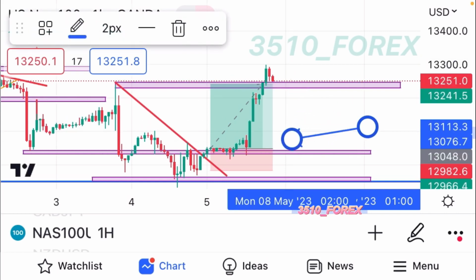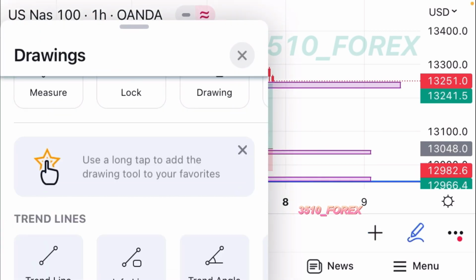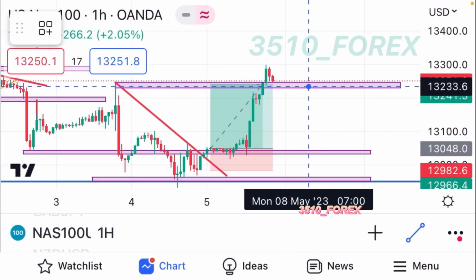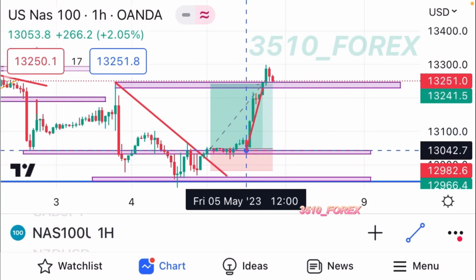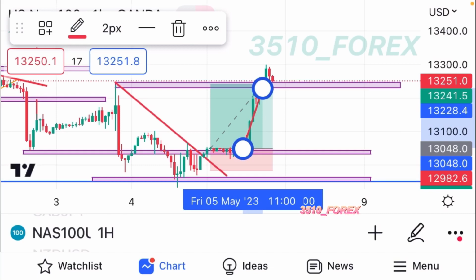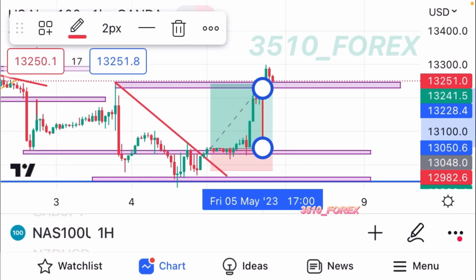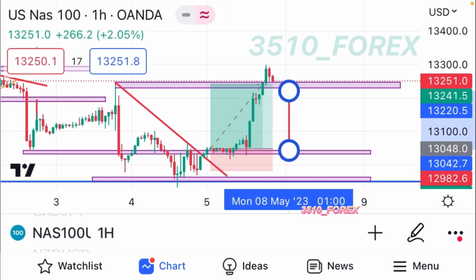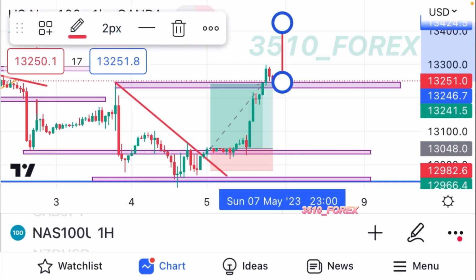Let me show you what I mean, guys. So I have to measure this first from here to here. It is either like this or just vertically. Let me take it and put it from my resistance, and then let me just lock it.